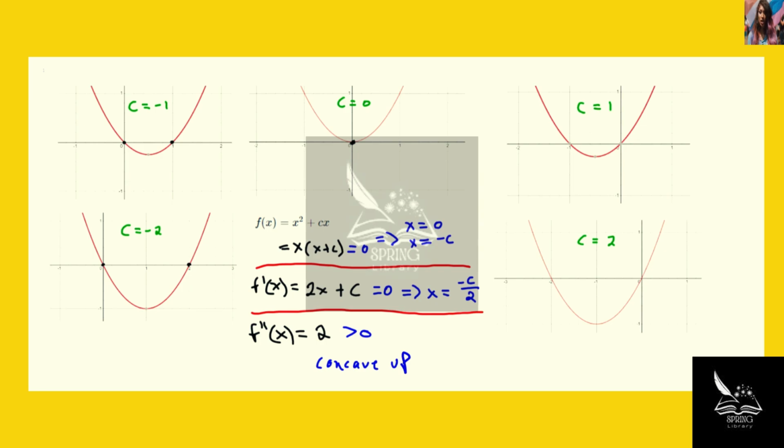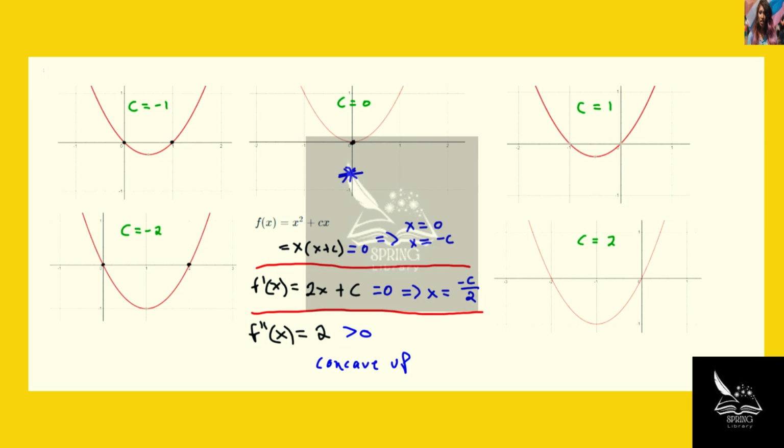So starting at c = 0, which is this middle graph here, we can see when c is equal to 0, we get that our x-intercept is only at 0. And if we were to plug 0 into -c/2, we get x = 0, so our vertex is also there.